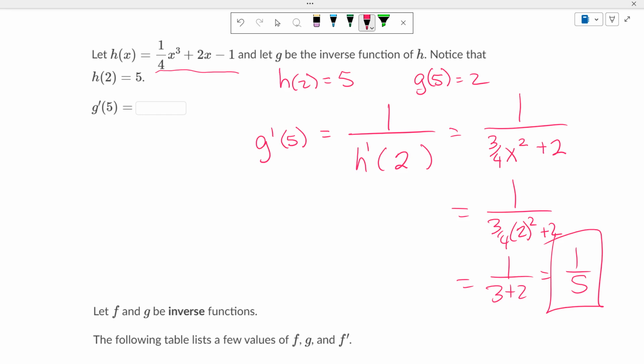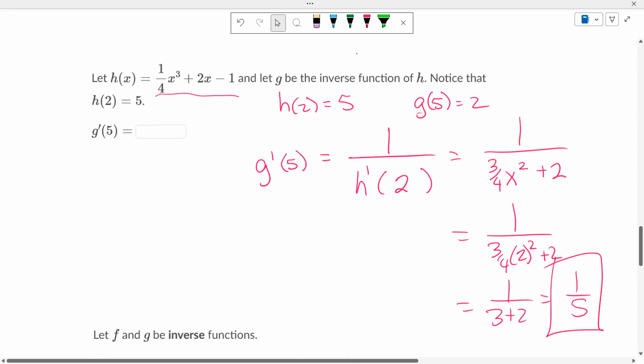What does the 2 have to do with the h? If h of 2 equals 5, then we know g of 5 equals 2. We need to know that because it wants the first derivative at 5, so we have to put what this is equal to in the formula. And then once it's in the formula, how does that take us back to h of x?